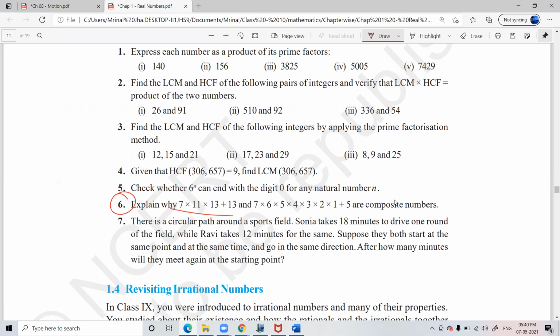Okay, sixth question. Can you explain, anyone? Why is this a composite number? As it is having two other factors.